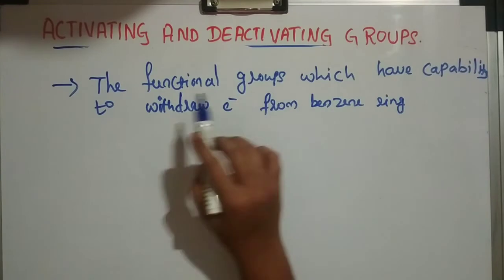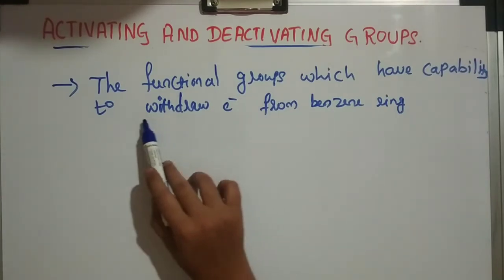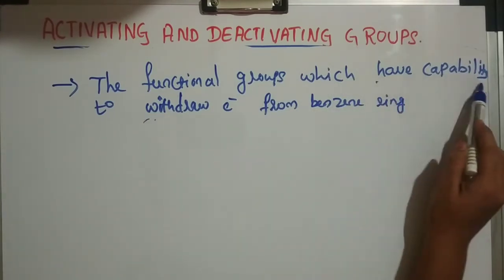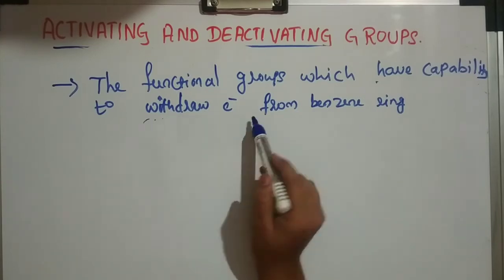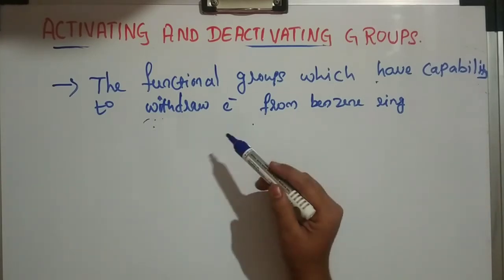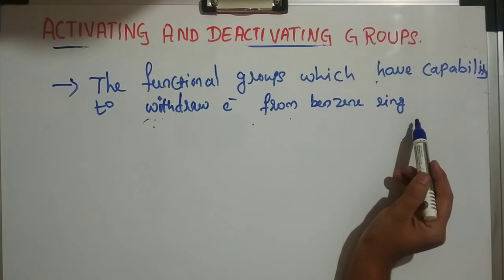So what was the definition for activating groups? It was the groups which have the capability to donate electrons to the benzene ring. Here it is withdrawing the electrons from the benzene ring.